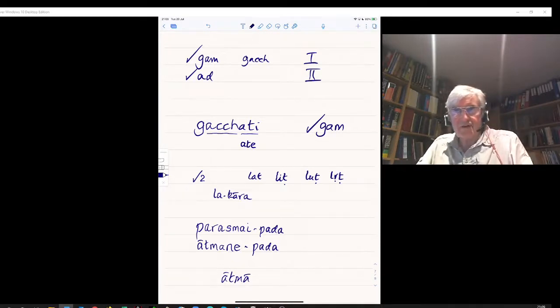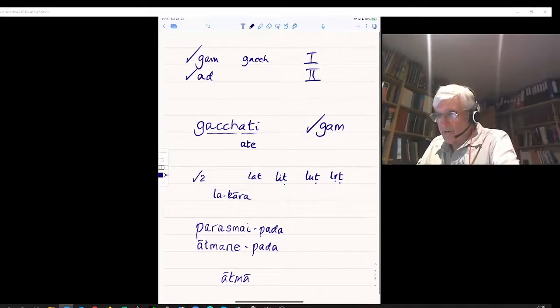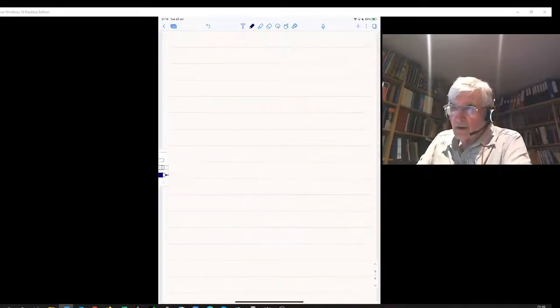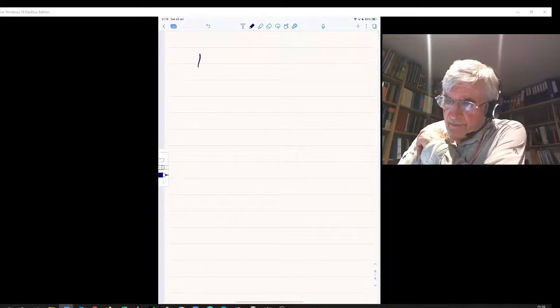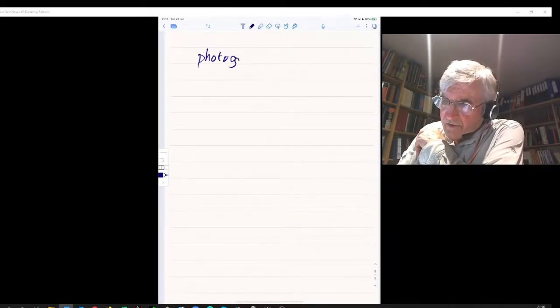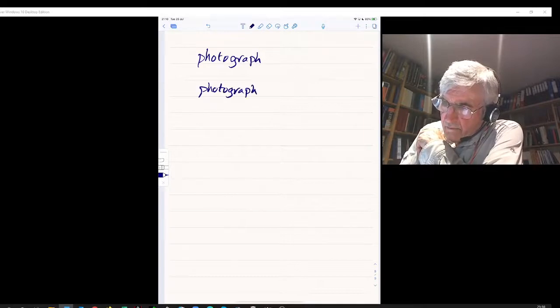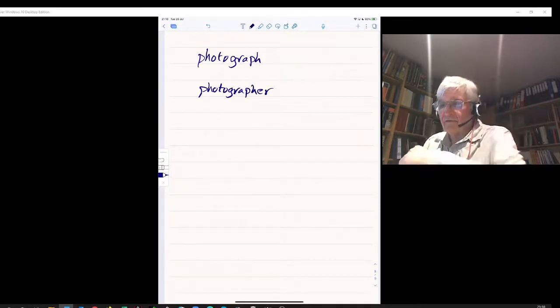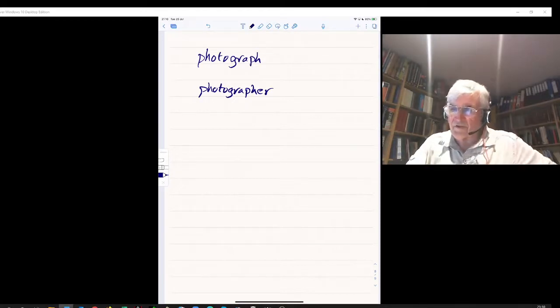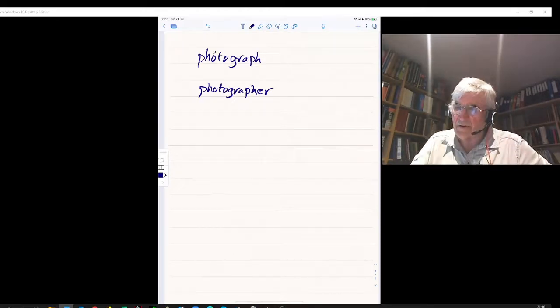The stress accent means, where do you put the stress in a word? I'll just give you an example. We look at photograph, and photographer. So photograph, stress on the first syllable.